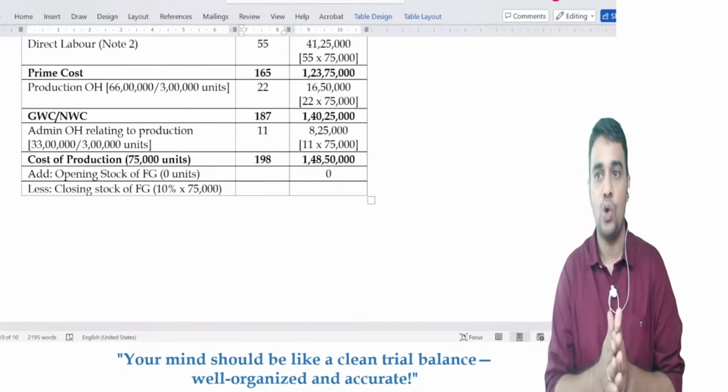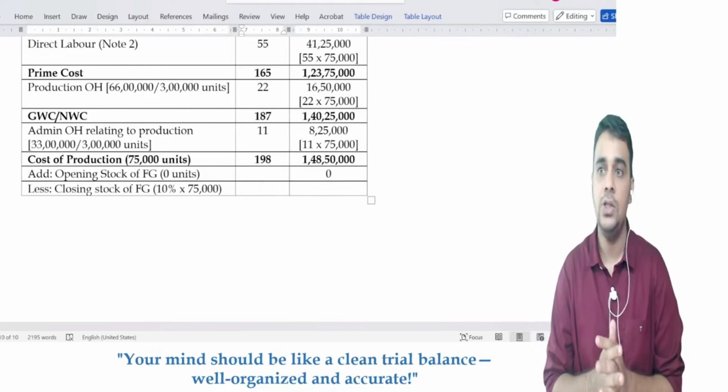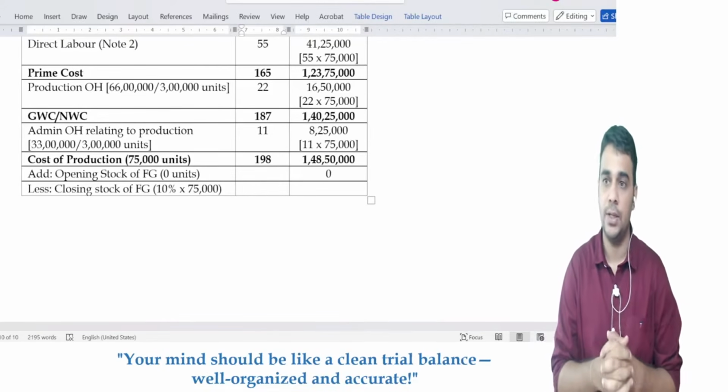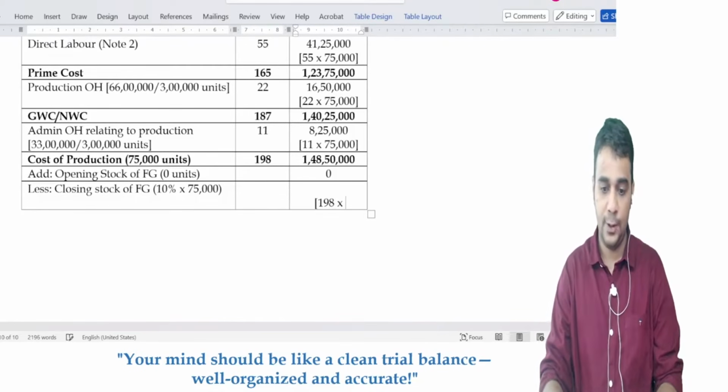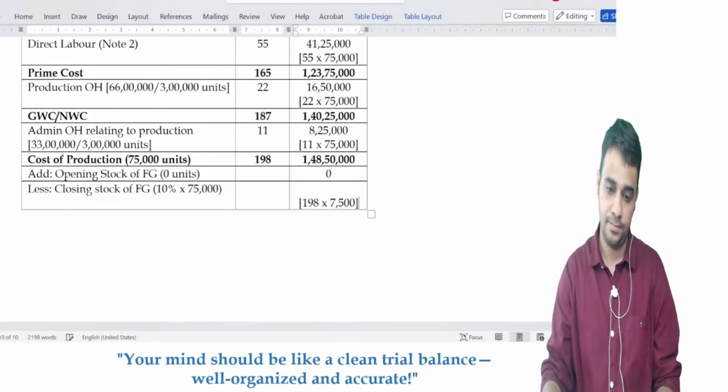The unsold portion is coming here, which is 198 rupees into 7,500.